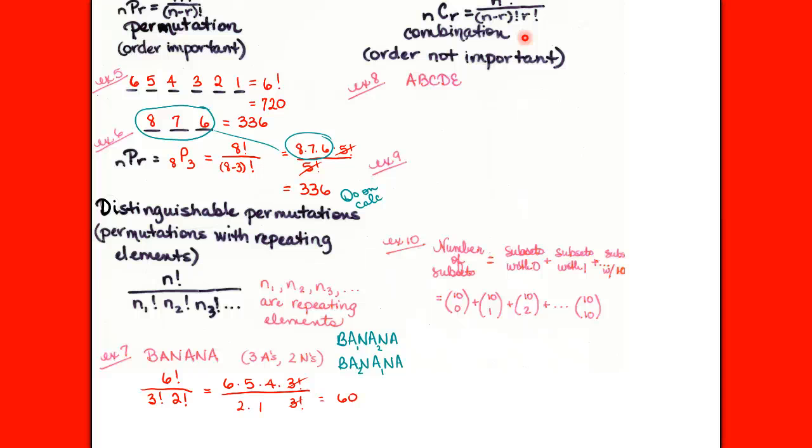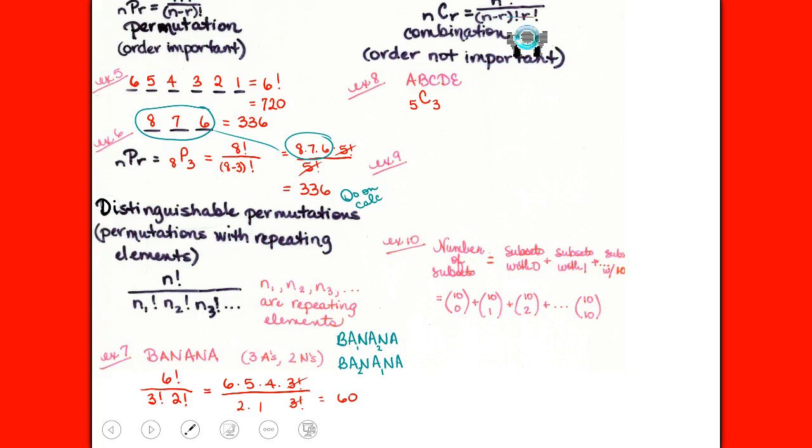Example 8 says, in how many different ways can 3 letters be chosen from the letters A, B, C, D, E if the order of the 3 letters is not important? They pretty well spelled that one out, right? Order of the 3 letters is not important, so we know that's a combination. So we had 5 letters to choose from, and we're choosing 3. So we're going to go back.